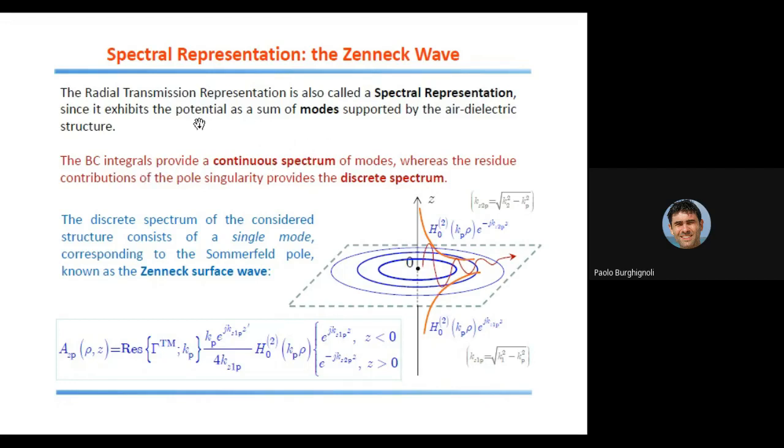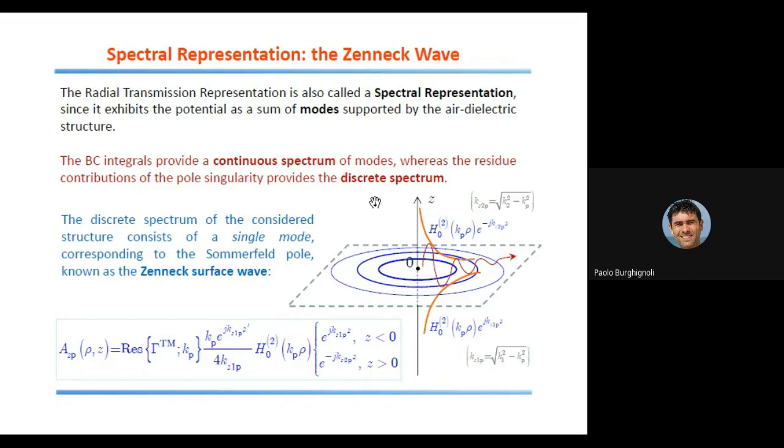In fact, this radial transmission representation is also called a spectral representation, because this gives us a representation of the potential in terms of modes. Whereas the branch cut integrals provide a continuous spectrum of modes, the single contribution of the Sommerfeld pole gives us the discrete spectrum, which is in this particular example constituted by a single wave, the Zenneck wave.